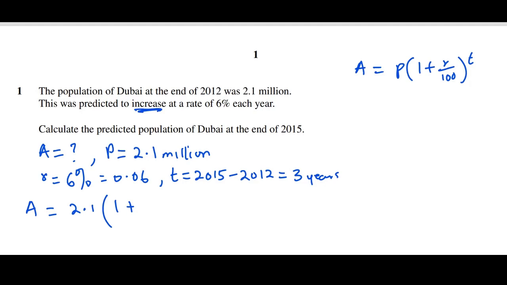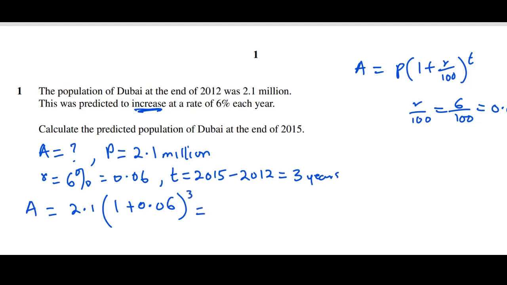Then already we have divided the rate by 100. So this R over 100 is 6 over 100, which has given us 0.06. So we just go straight and put 0.06 here, then raised to power 3.